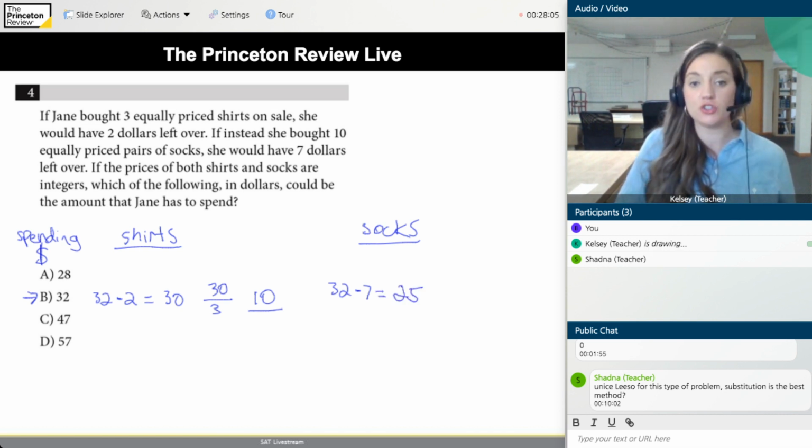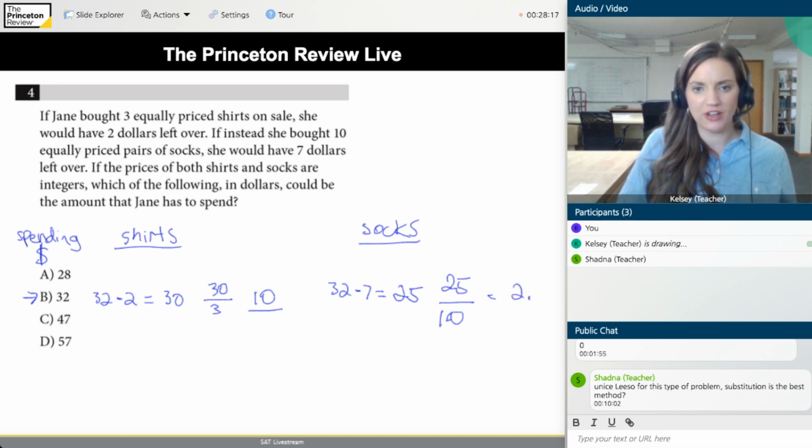And if she spent $25 on 10 equally priced pairs of socks, does that give us an integer? No, that's going to give us 2.5, right? And that doesn't work. A decimal is not an integer. So we got an integer for shirts, but not for socks. So this isn't going to work. We can eliminate answer B.